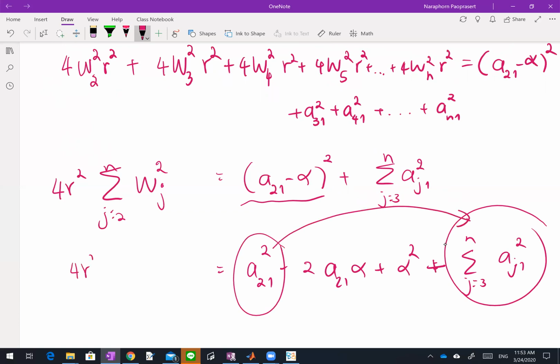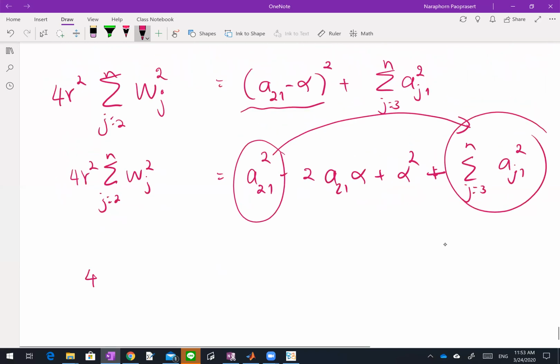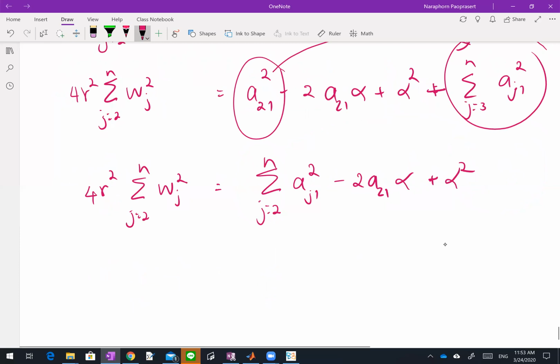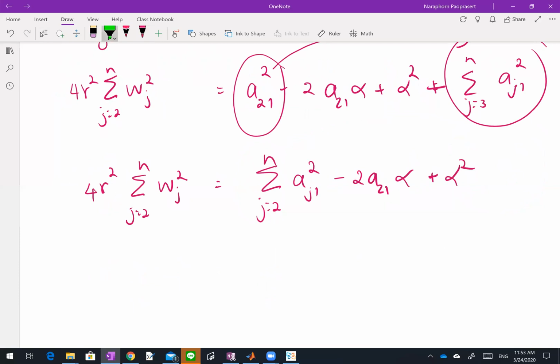So this is 4r square summation j from 2 to n wj square equals summation j from 2 to n aj1 square minus 2a21 alpha plus alpha square. We're going to have to take care of this first summation first.